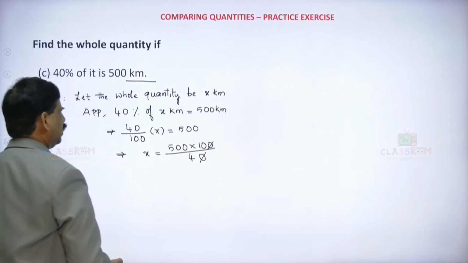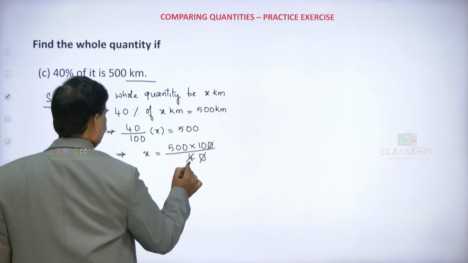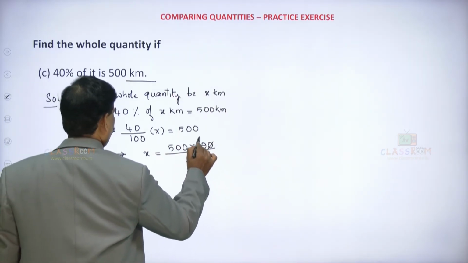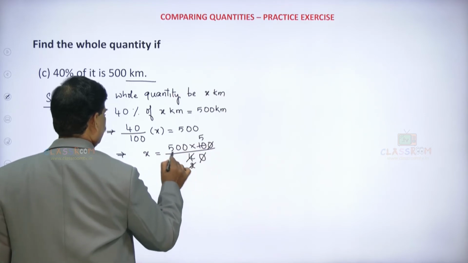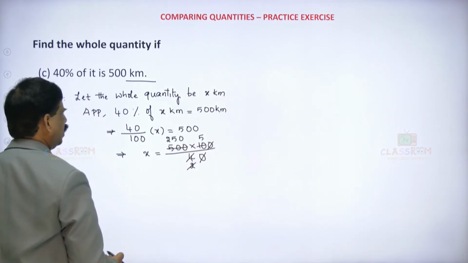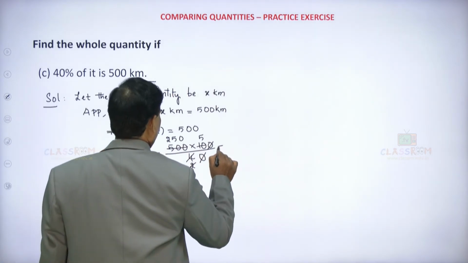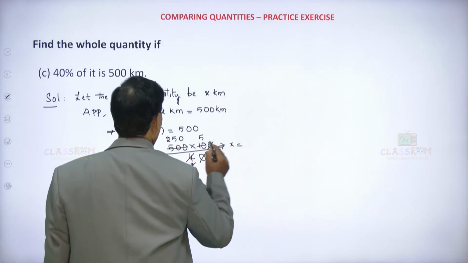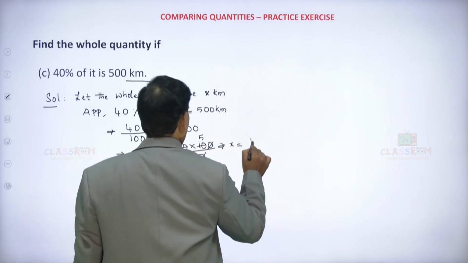0 and 0 get cancelled. 2 2s are 4, 2 5s are 10, 2 into 250. So x is equal to 25 5s are 125, so 1250.